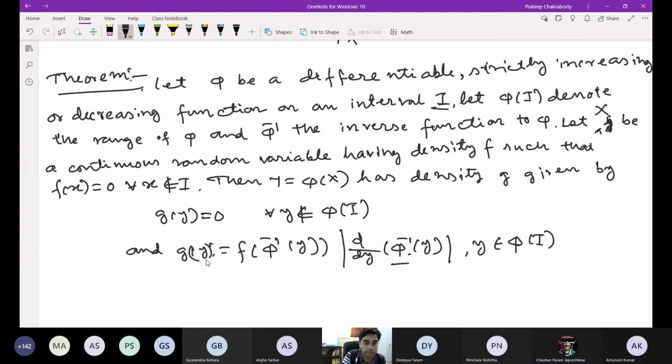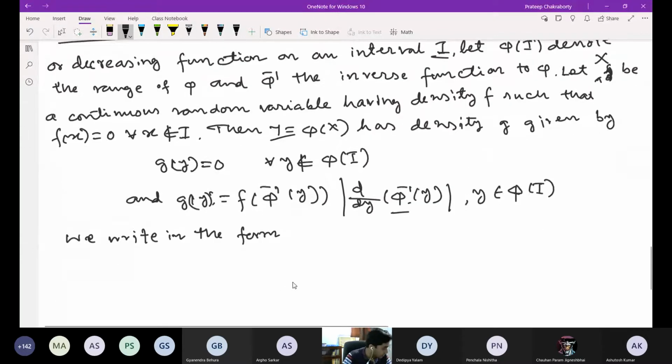So this is the way we can get g(y), the density function of y. And we write the previous thing in this form, which is easier for us to understand.